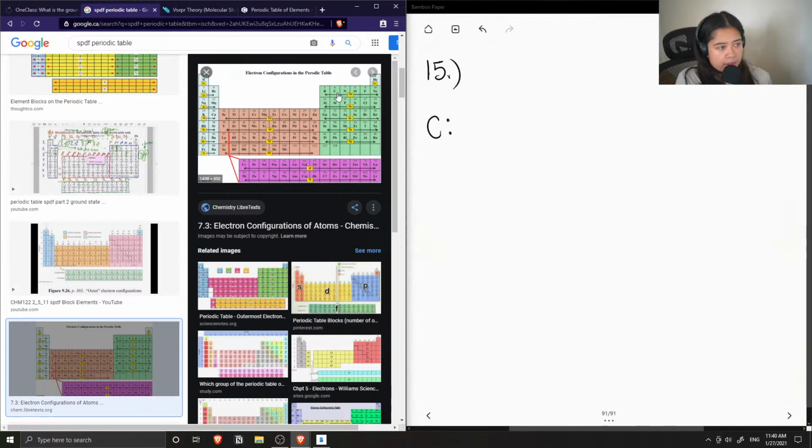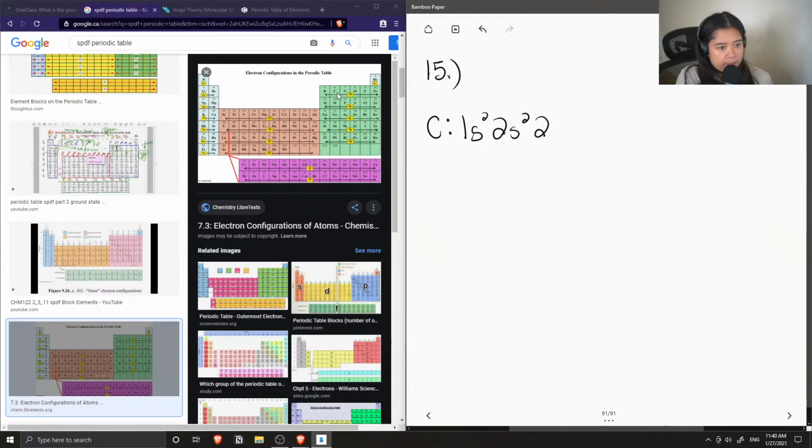So let's start off by writing the electron configuration of carbon. We have 1s2, 2s2, and then 2p, and then counting up to the carbon, 2p2.